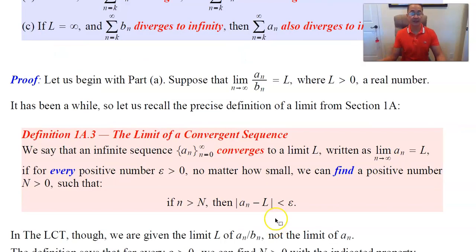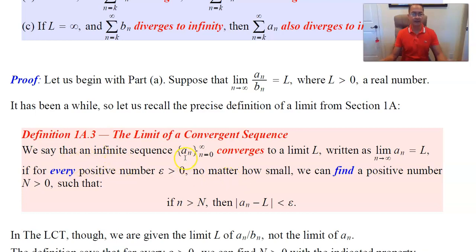All right, so in our PDF, let's see the proof for the limit comparison test. So it talks about the limit of a_n over b_n, where in part A, we get an ordinary positive real number L. Okay, so we first saw the precise definition of a limit of a sequence in section 1a. So let's bring it back. I just cut and pasted this literally from section 1a.